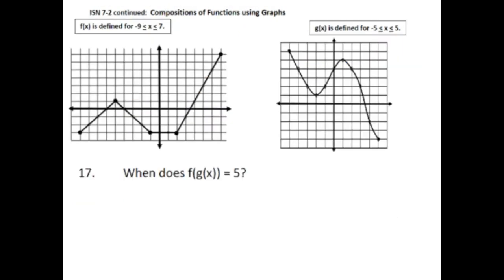Problem number 17. When it gives you the number on the outside, guess where you start? On the outside. This is the X number you're figuring out, and this 5 that it gave you is the Y number. Now, since this is the letter F, I'm starting on this graph right here, which is the graph for F. 1, 2, 3, 4, 5.